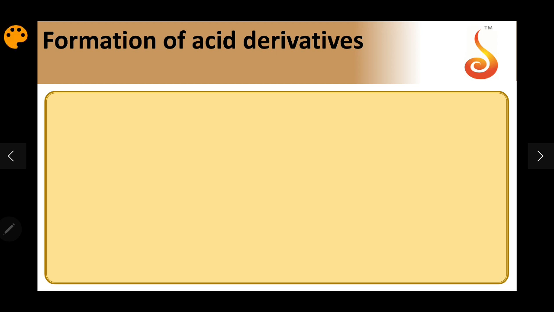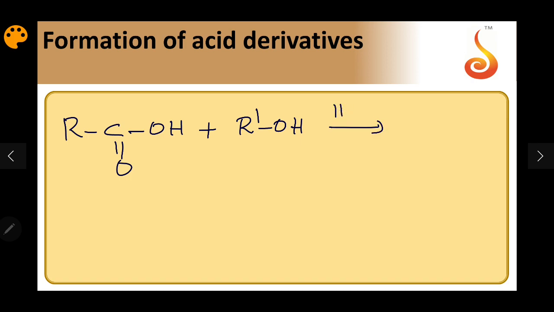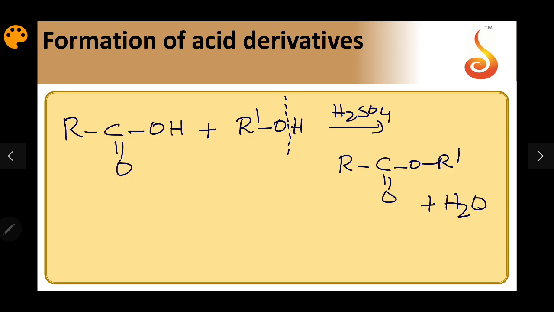Esterification is a very important reaction of alcohols and acids. RCOOH plus R dash OH in the presence of concentrated H2SO4 gives RCOOR dash plus H2O. Here, very important: in the alcohol the O-H bond breaks, in the acid the C-O bond breaks. This is confirmed by isotopic labeling.